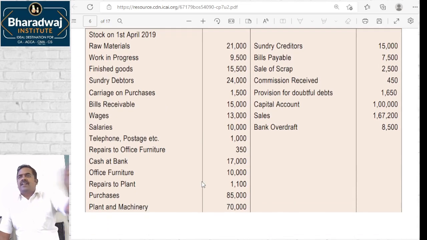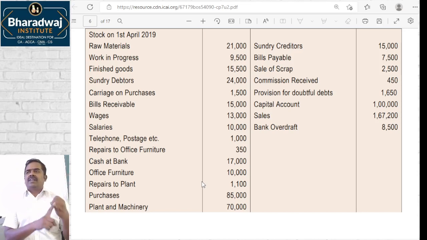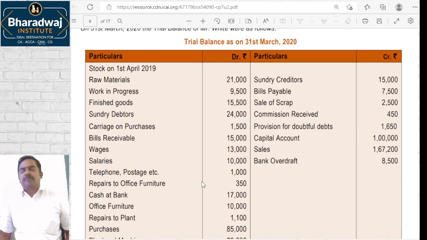All the adjustments are already recorded in the P&L account. The outstanding wages and outstanding salary will come in the balance sheet. Closing stocks are already recorded, we already know the values. So, with the data, try to prepare the balance sheet.